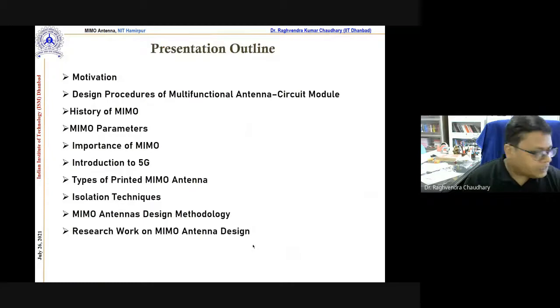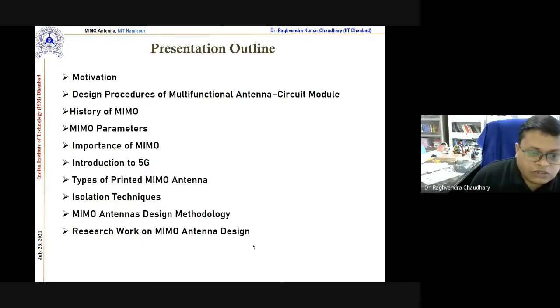So the outline: we'll try to understand the design procedure for multifunctional antennas, which is the current requirement nowadays. We'll also see the history of MIMO, followed by the parameters we need to study, and the importance in the current scenario, and try to see its application in LTE. We'll also see how MIMO is helpful for 5G at sub 6 gigahertz and millimeter wave as well.